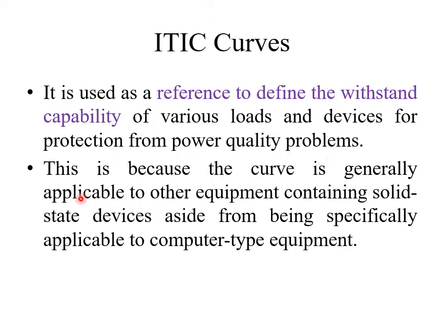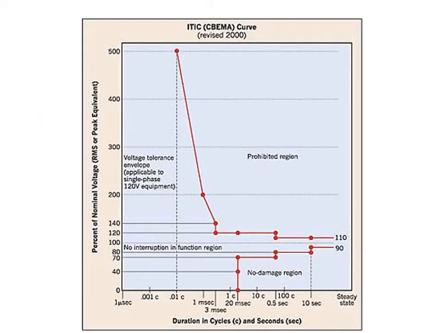This is because the curve is generally applicable to other equipment containing solid state devices. In the CBEMA curve, some of the solid state devices did not match, so they modified the curve, which is suitable and applicable for solid state devices. And this is the ITIC curve, or modified CBEMA curve.